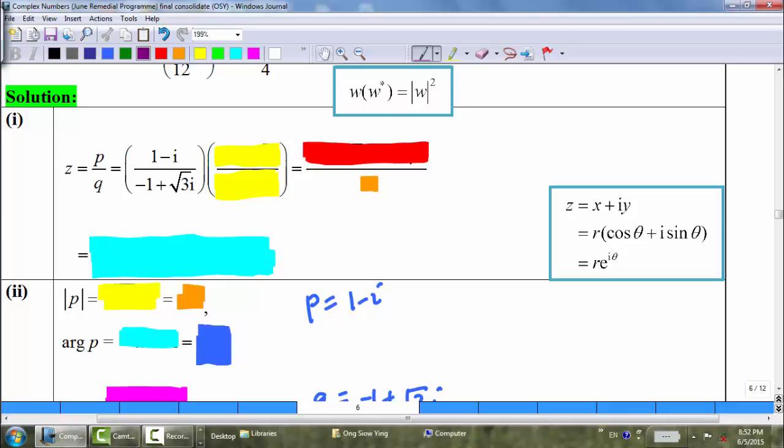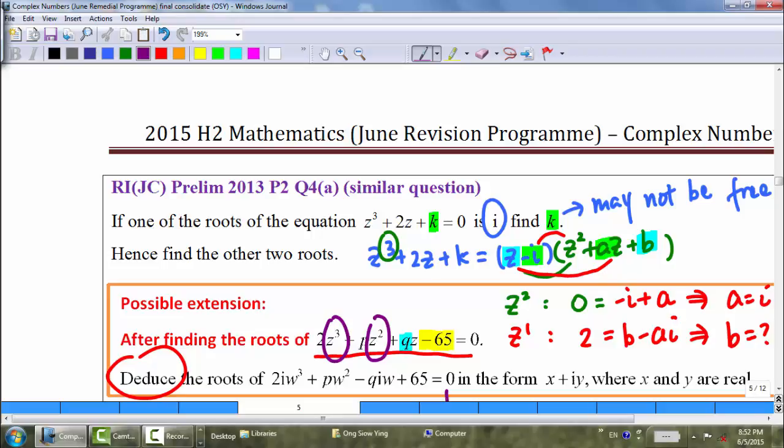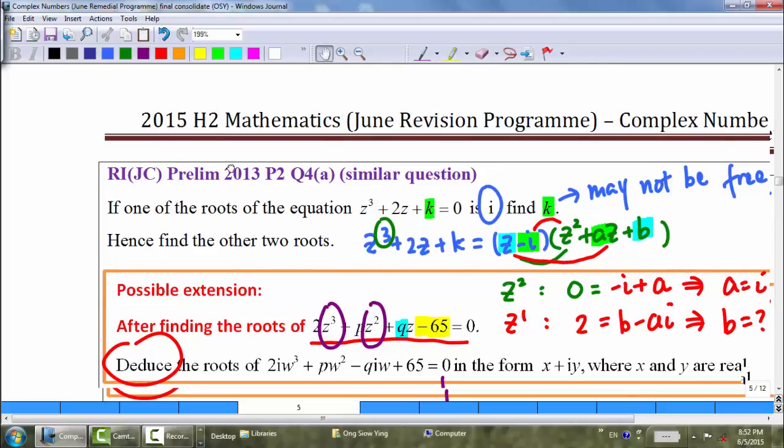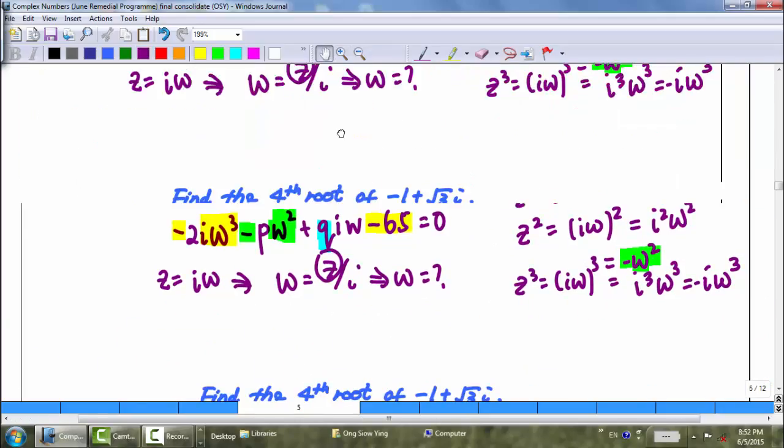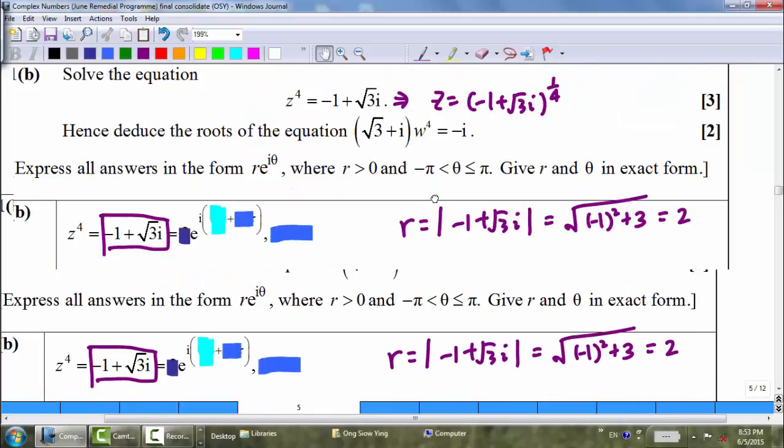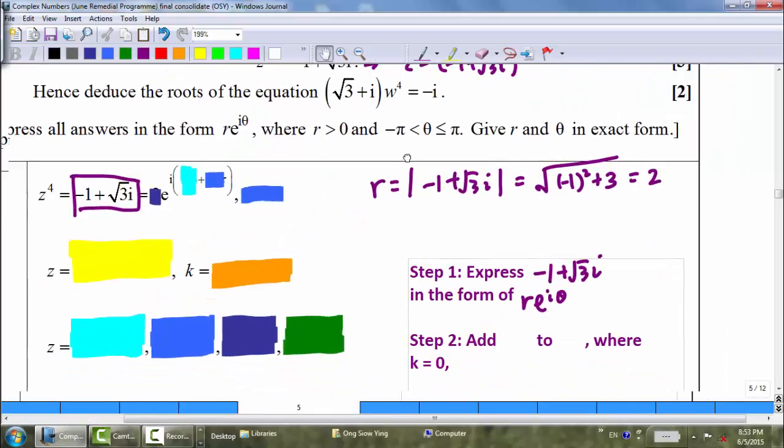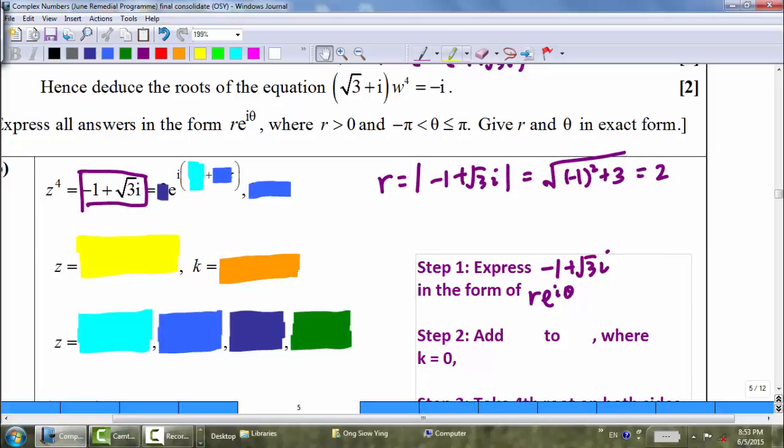Theta will be the argument of the complex number minus 1 plus square root 3i.